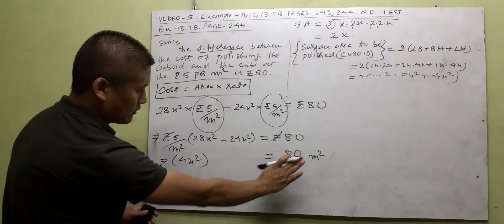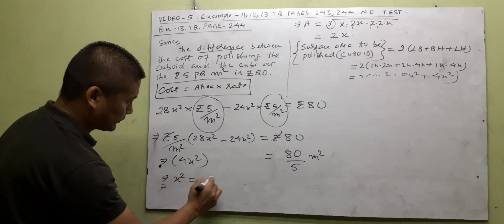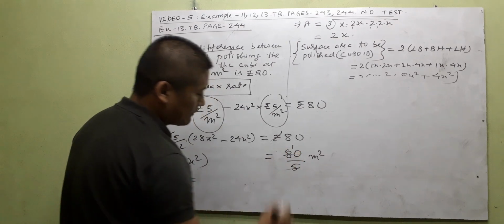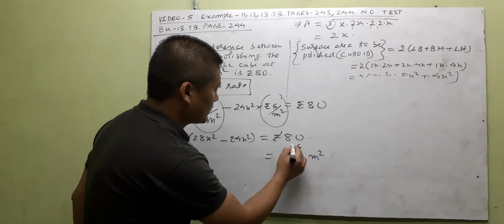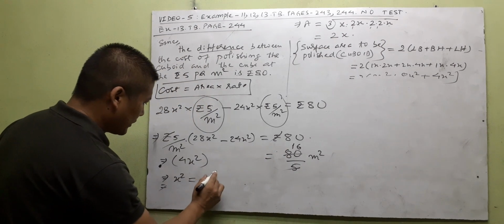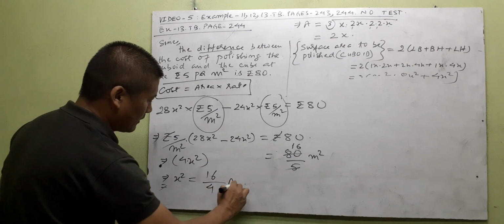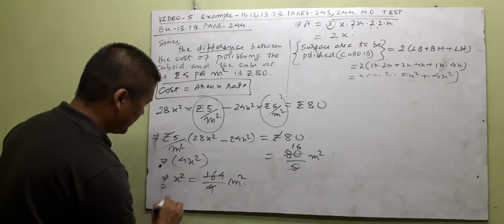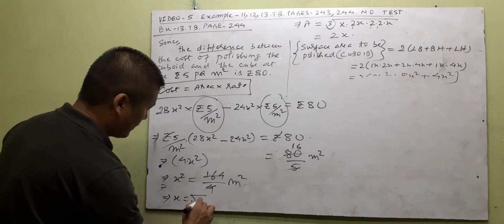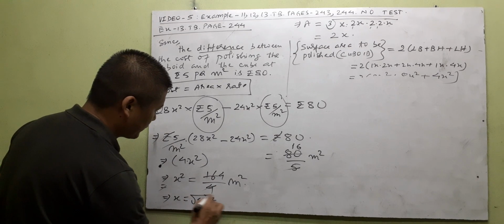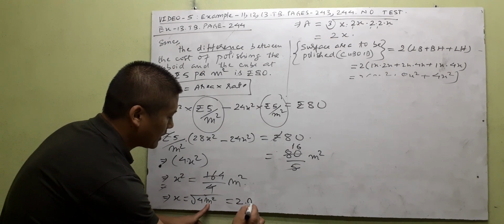So x square equals 80 by 5, shifting the 4 again. 5 times 16 is 80, so x square will be 16 over 4 and meter square. So 4 fours are 16. That implies x means square root of this, making sure the root covers everything, which will be equal to 2 meter, since 2 twos are 4.